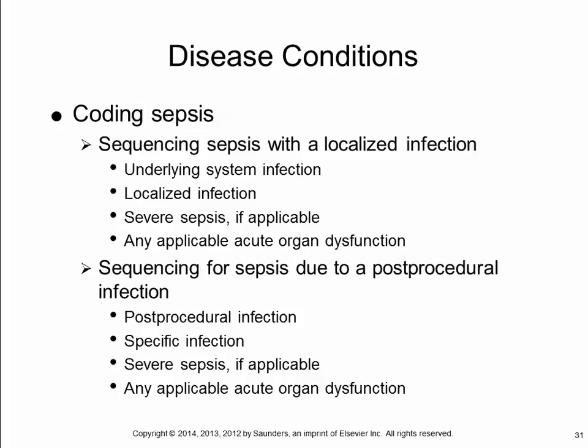So when you're sequencing sepsis with a local infection, such as cellulitis, the first thing you're going to do is code the underlying systemic infection. All right, so you'd code that sepsis piece. That's the biggie, right? Then you're going to code the localized infection. So then you would code the cellulitis. So if you have cellulitis of the hand that has gone septic, you're going to code the sepsis, and then you're going to code that cellulitis of the hand.